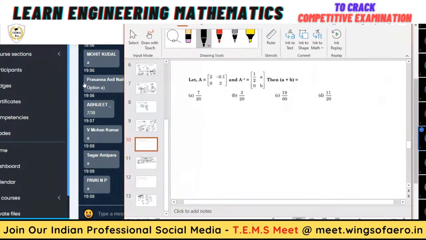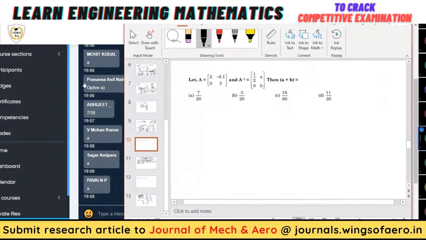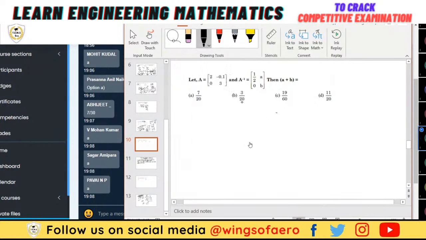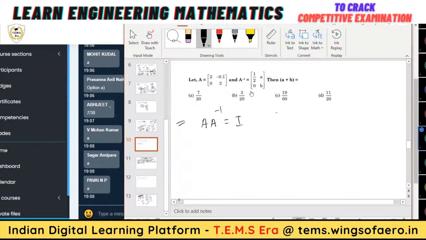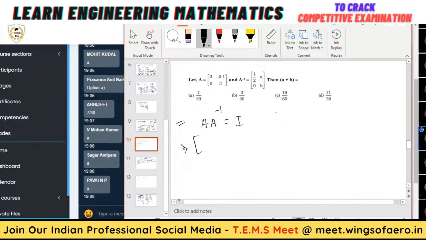So a very simple property, what I have discussed previously, and if you apply that property, this will be solved very easily. A inverse is equal to I. This is the property you have to remember here. Just put A. A means 2, minus 0.1.